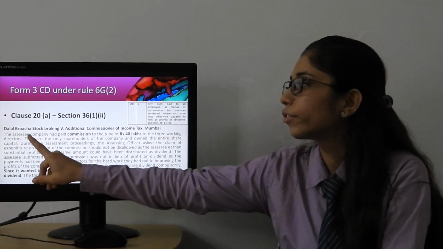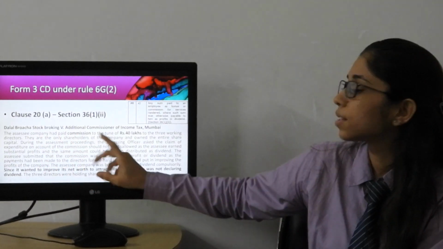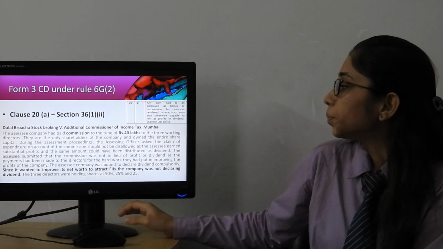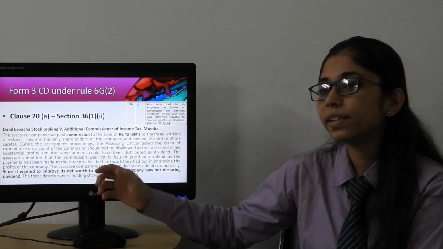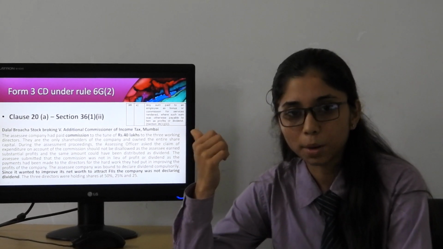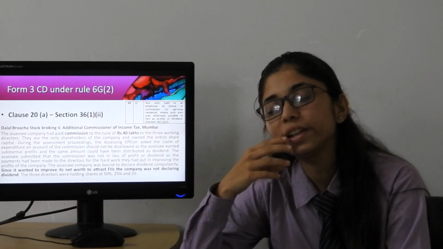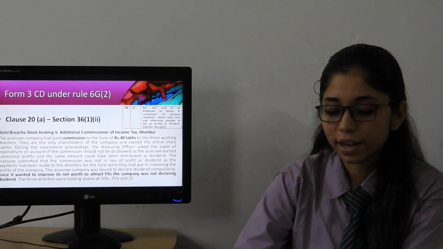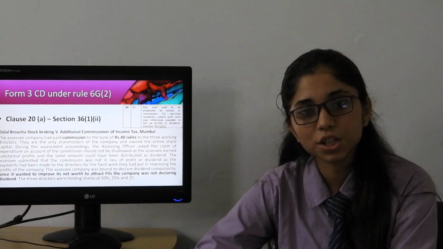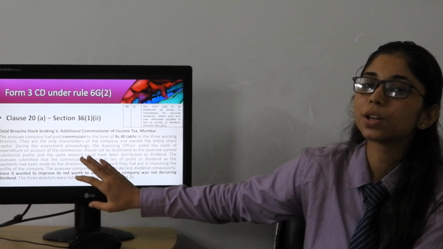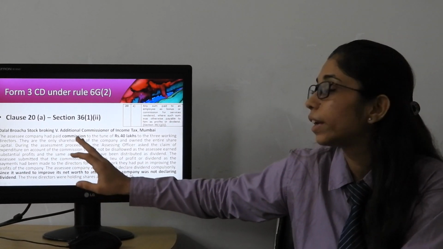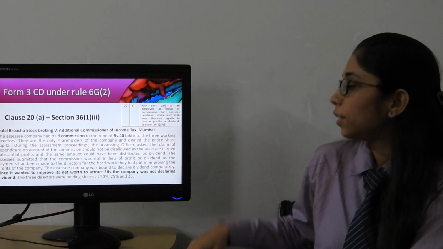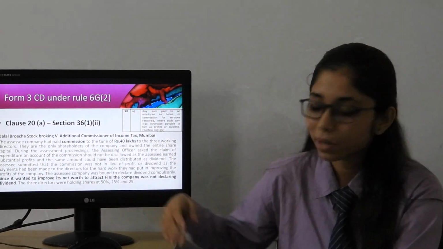There is a case study of Dalal Broking Stock Broking versus Additional Commissioner of India, which says that they had a company where they had 3 partners, and 40 lakhs they have shown in the commission, and the assessing officer had declined it and asked for any further details for such commission. Then it was held that such commission is not a commission, but it should be treated as dividend. They have just shown it for taxability purposes to get a lesser amount of income tax.